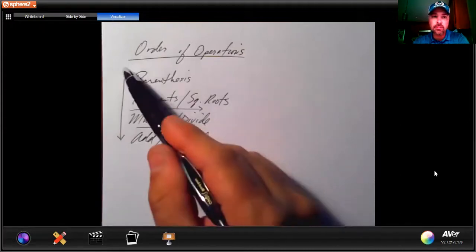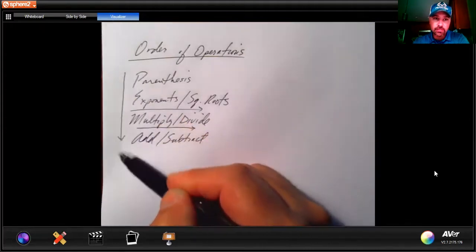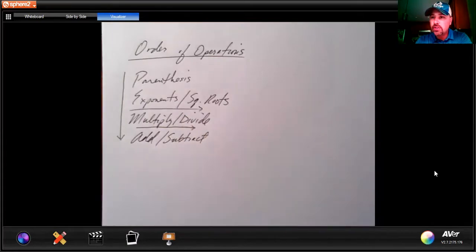So they started here and they worked their way down. All right. What you have to understand is if you think about what we learned in the last video about using inverse operations, the opposite. By doing that, what we're doing is we're unraveling the problem. We're undoing it. We're working it backwards.